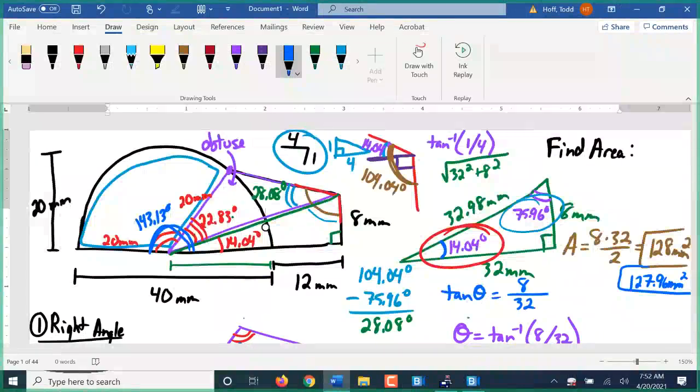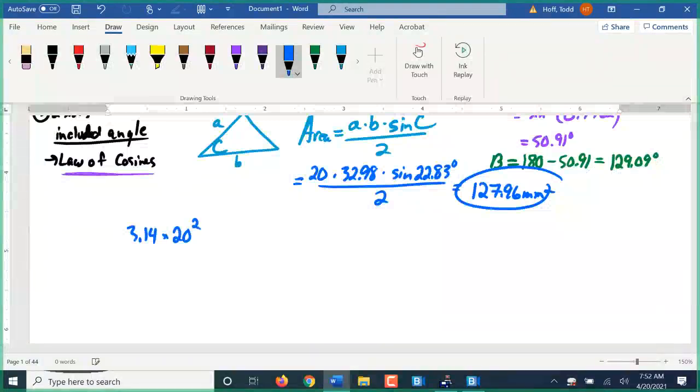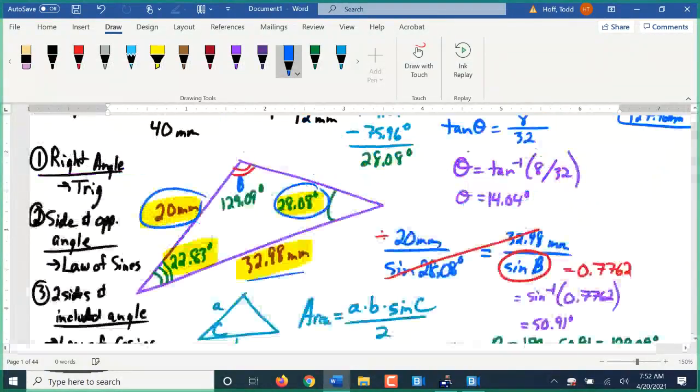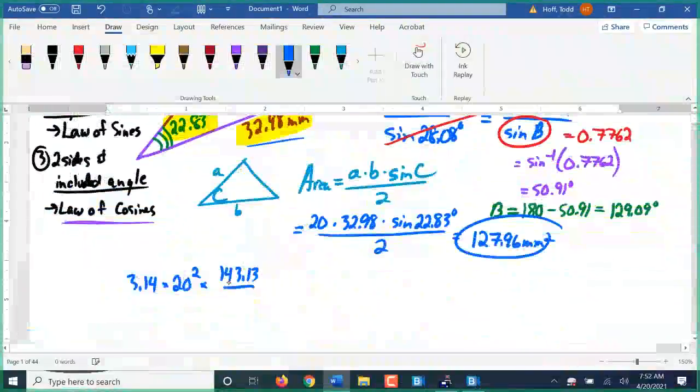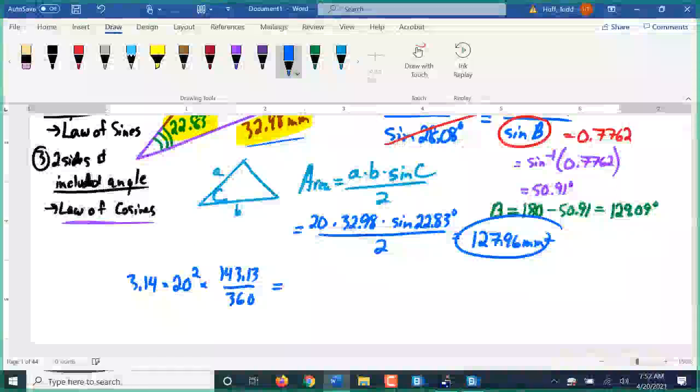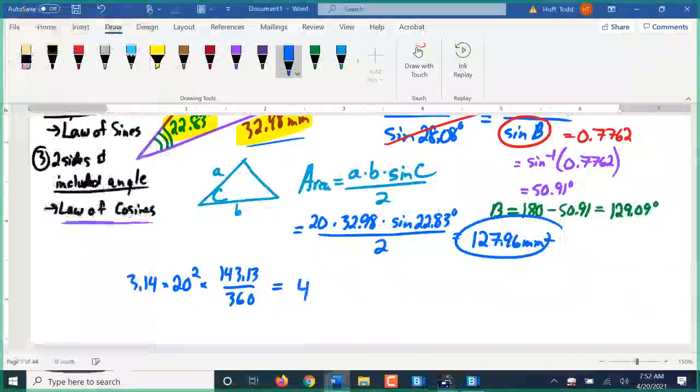So now we can find the area of that last piece, that sector of the circle. It's pi, 3.14, times the radius of 20 squared, times 143.13 over 360. It was 499.36 millimeters squared.